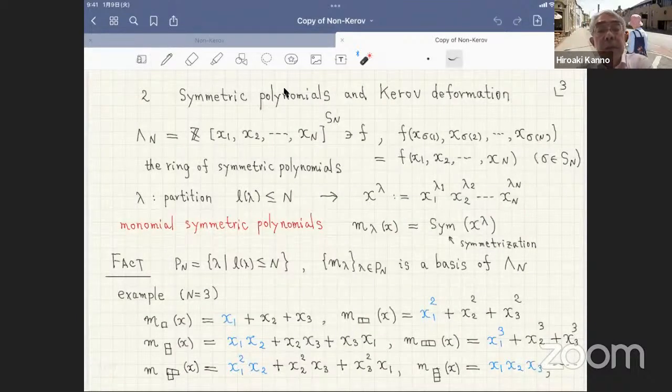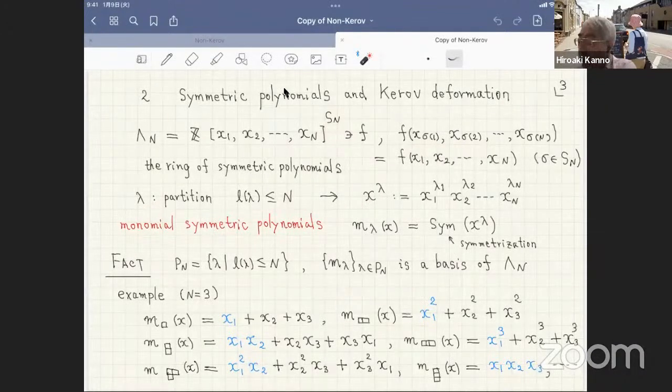So first, let me start with some definitions. Symmetric polynomials in n variables x_1 to x_n are polynomials which are invariant under the permutations of the n variables, that is, invariant under the symmetric group S_n. They form a ring, which I denote Lambda_n. Let lambda be a partition whose length is less than or equal to capital N, the number of variables.